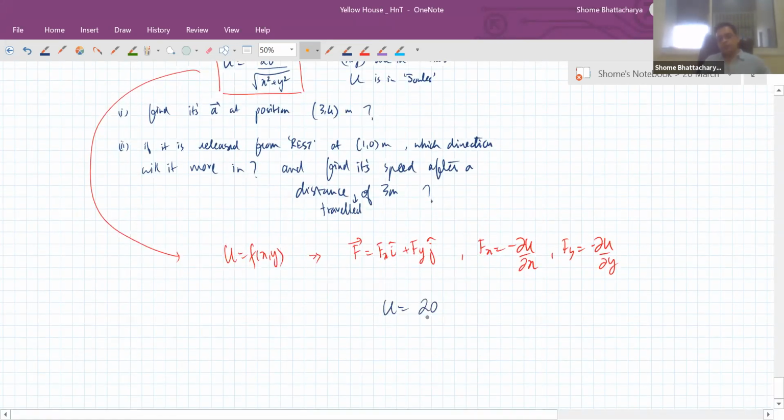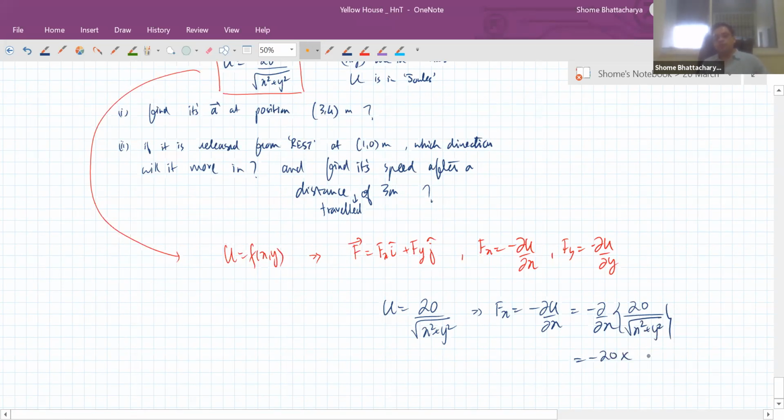Okay, now potential energy is 20 upon square root of x square plus y square. So this will become negative of the partial differentiation of this. 20 comes outside.